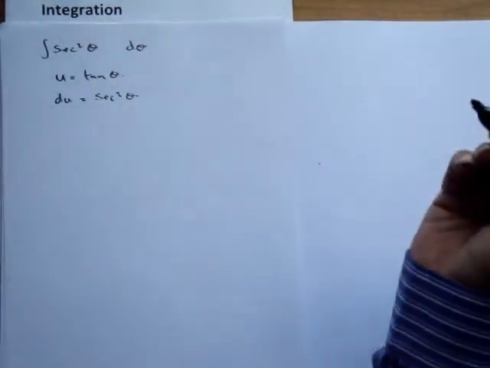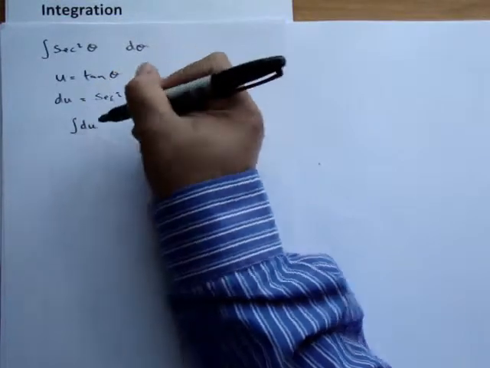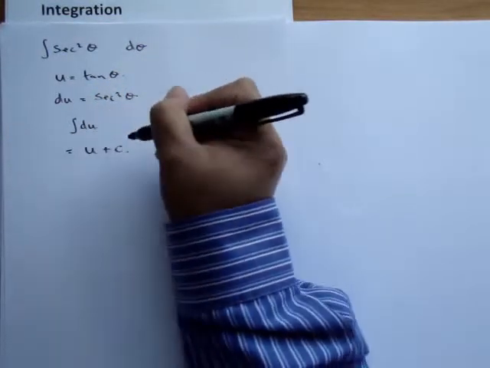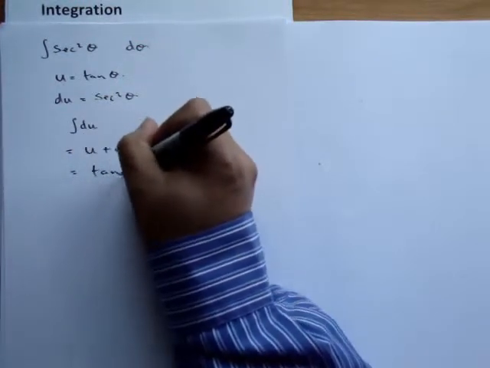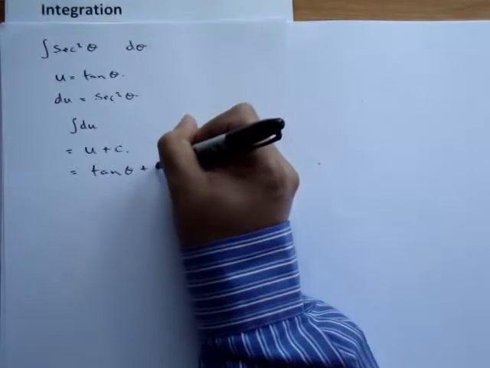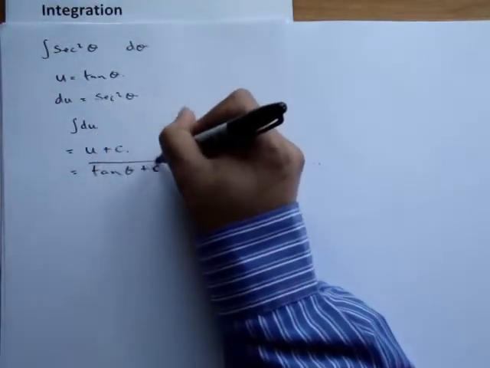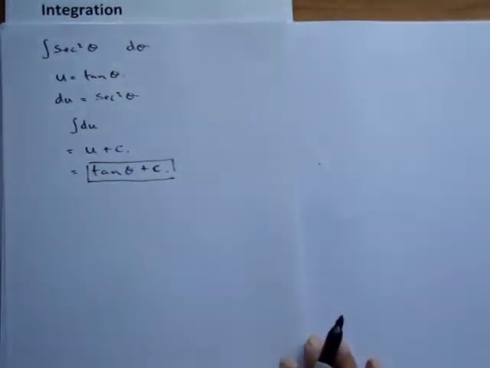So this becomes the integral of du, and when we do that, that's u plus c. So that's tan theta plus c. So the integral of secant squared theta is nothing but tan theta plus c.